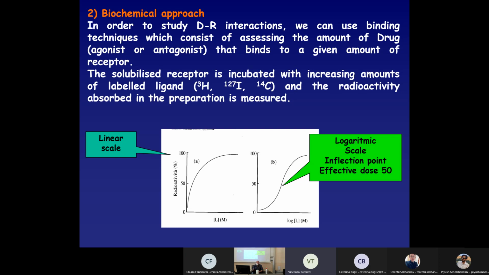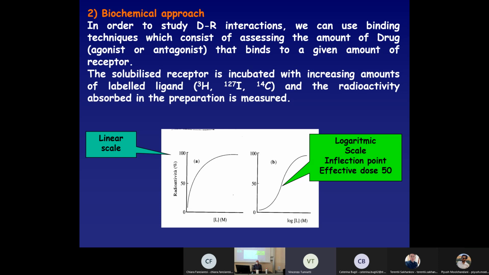It's possible to buy a lot of different receptors on web, so it's not so expensive, this approach. But in this case, we have the receptor immobilized on a matrix.